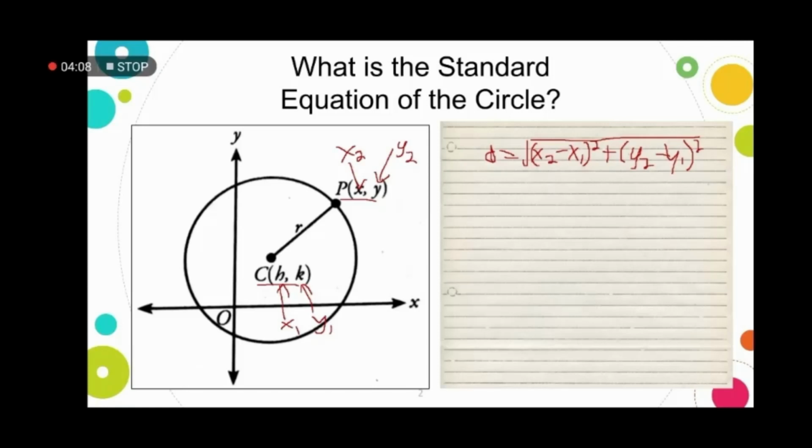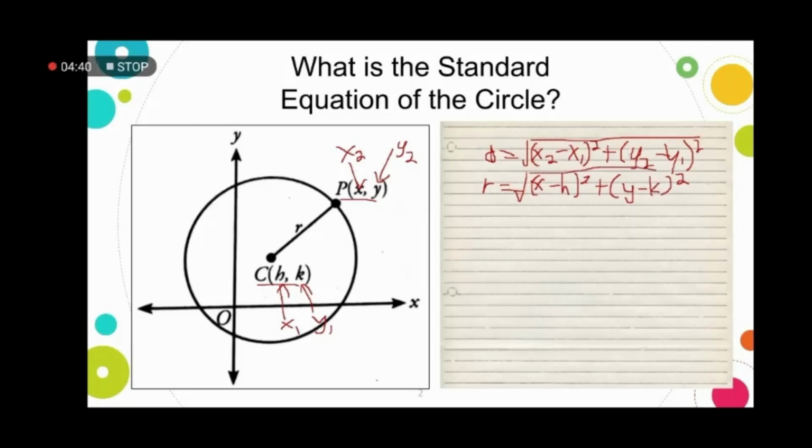Our d becomes r. r is equal to the square root of (x minus h) squared plus (y minus k) squared.